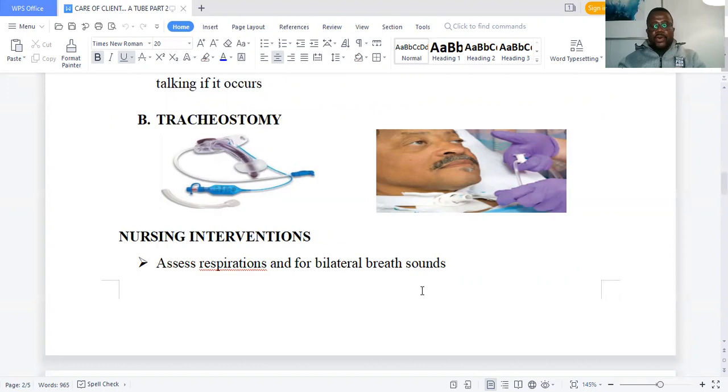What did we say before? If there is no breath sound on the left side, it means the tube is in the right main stem bronchus. That's what we said, right? It's the same principle here.